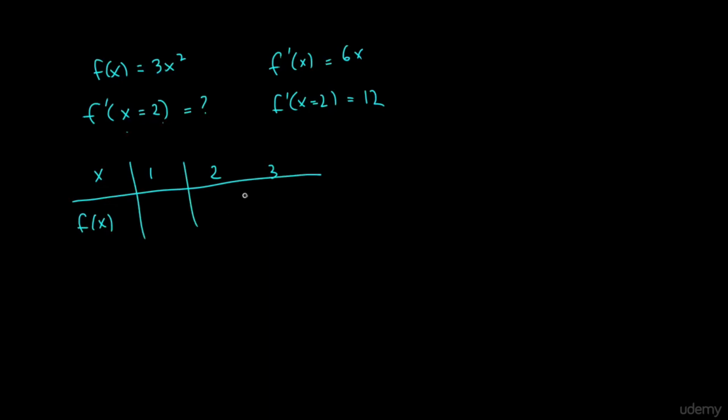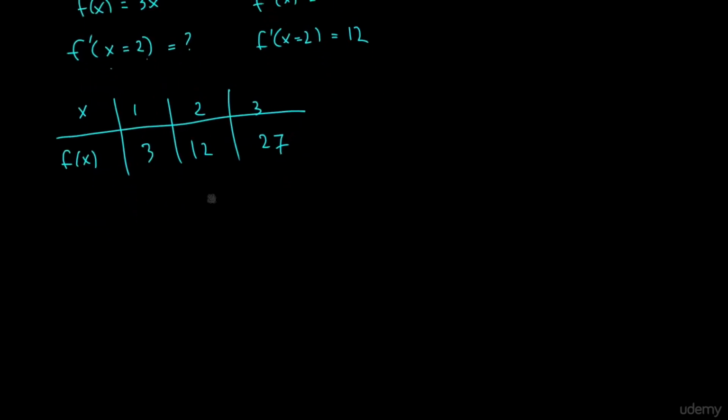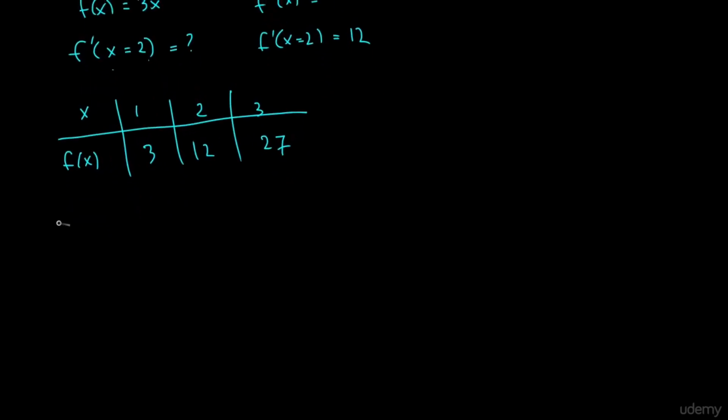So it's going to be our little table of values. f of 1 is equal to 3, f of 2 is equal to 12, f of 3 is equal to 27. Okay, so now we can calculate those finite difference approximations.